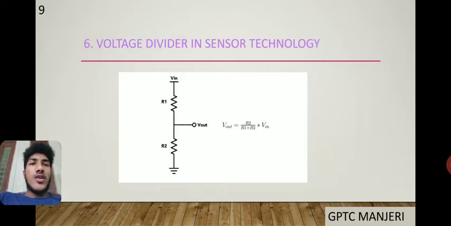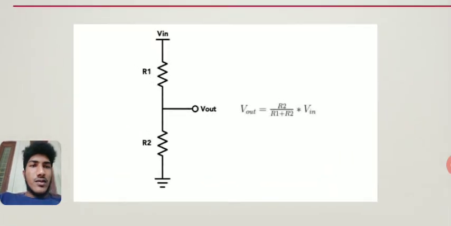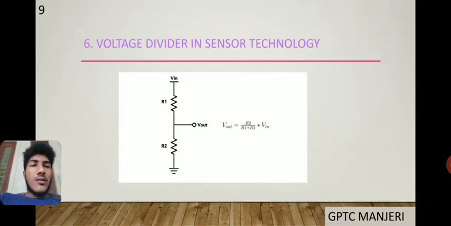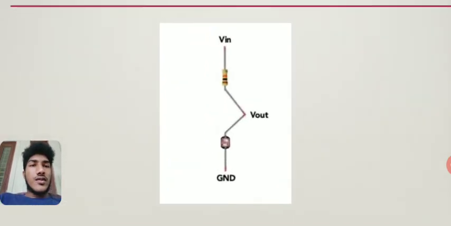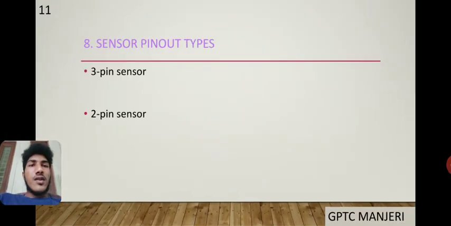Next, voltage divider in sensor technology. The main components of the sensor are resistors. This is the basic connection of a sensor. Sensor pinout types: there are two types of pinouts, 3-pin sensor and 2-pin sensor.